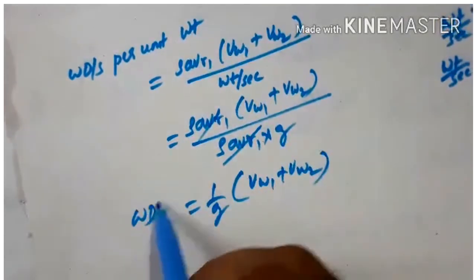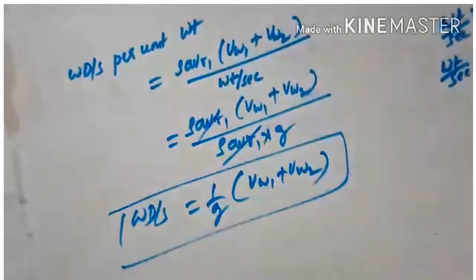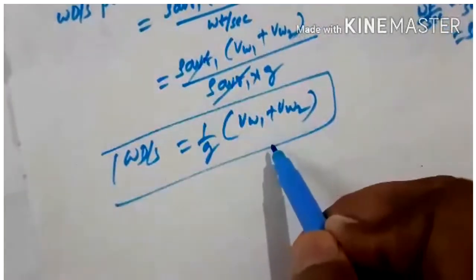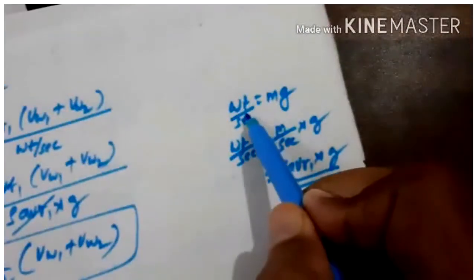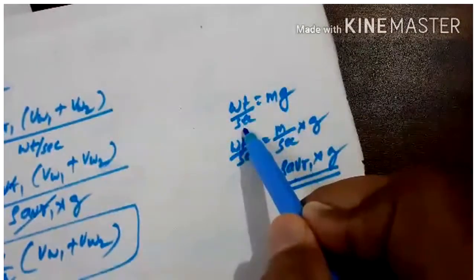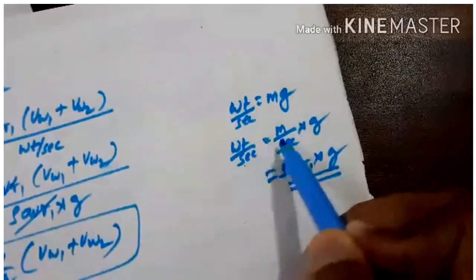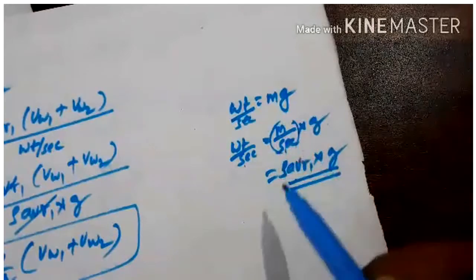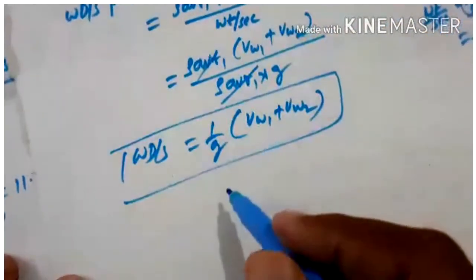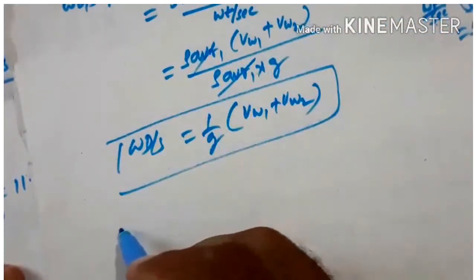So this gives you the work done per second per unit weight of fluid striking the vane. Weight is M into G, and for weight per second you divide by time, so mass per second is rho A VR1 into G. Here this cancels, and finally you get this equation.